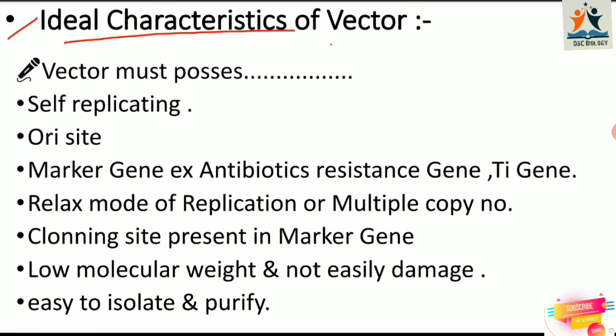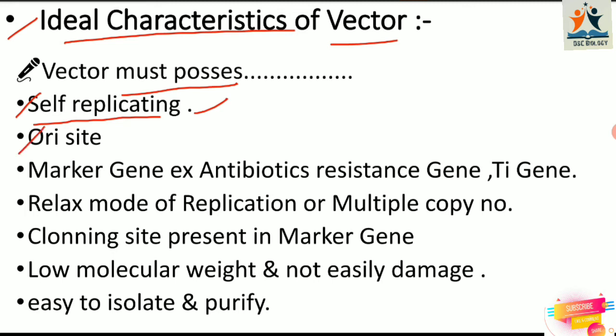Next is the ideal characteristics of a vector. A vector must possess, number one, self-replication, so it can replicate on its own. Plasmids have the ability to replicate.